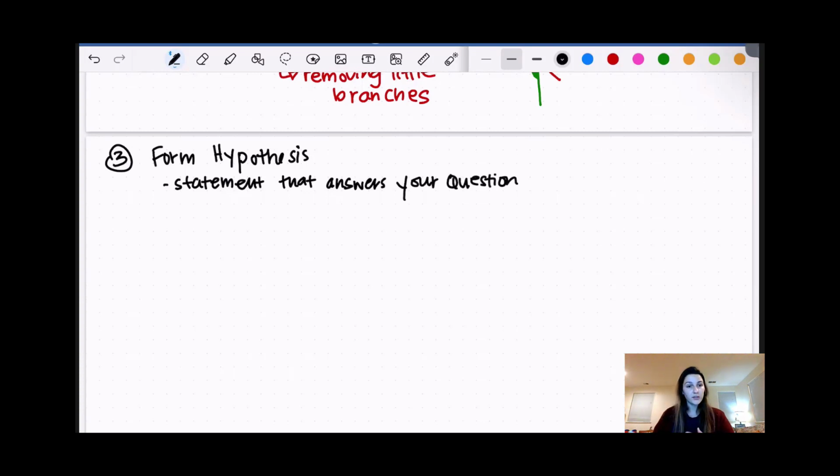So remember, the question was that thing that we asked, and our example was, why do tomato plants grow different amounts of tomatoes? And so our hypothesis would be a potential answer to that question in the form of a statement. A potential answer.